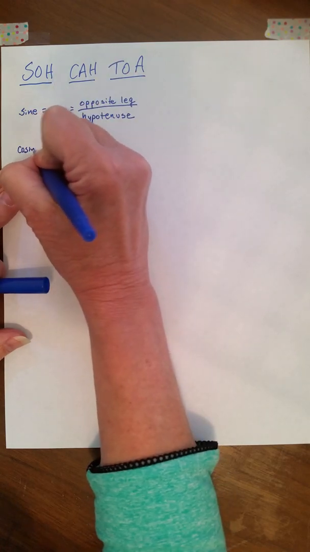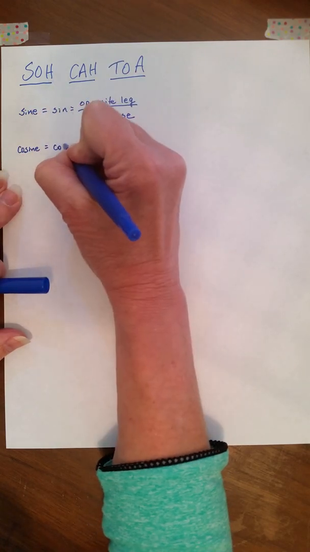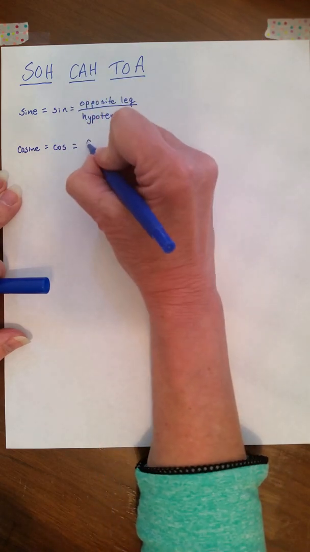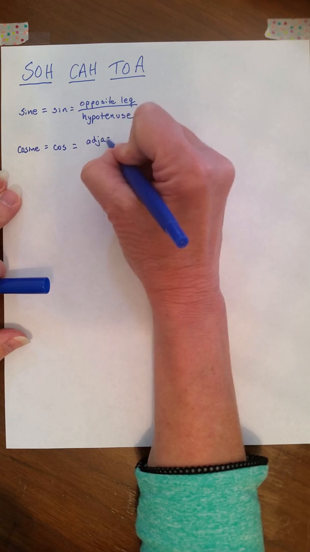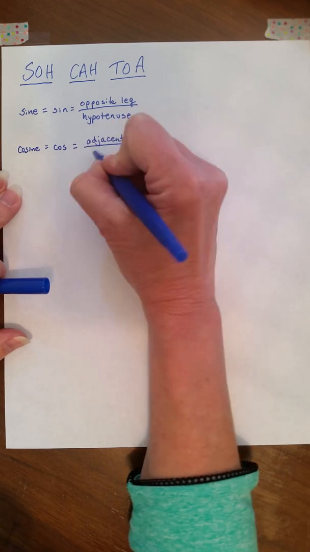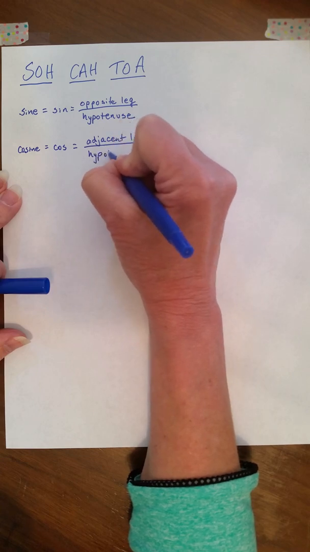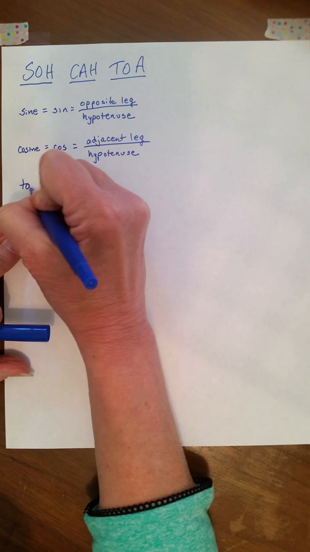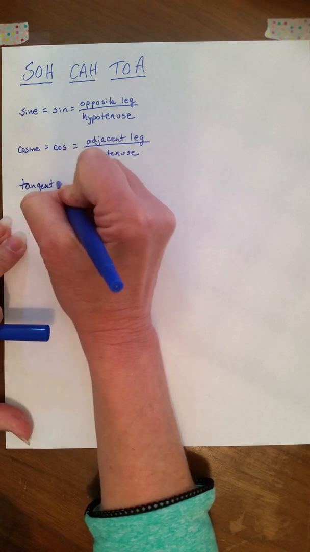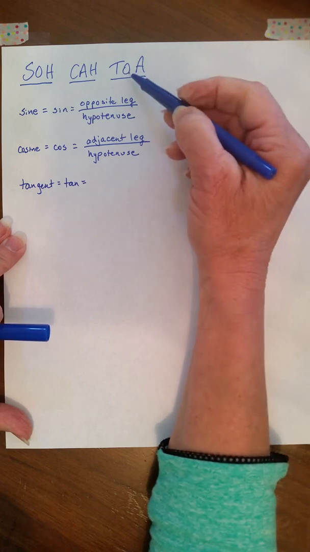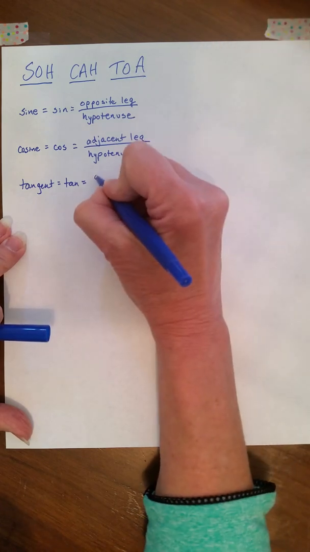The cosine, abbreviated COS, is the adjacent leg over the hypotenuse. And the tangent, abbreviated TAN, is the opposite leg over the adjacent leg.